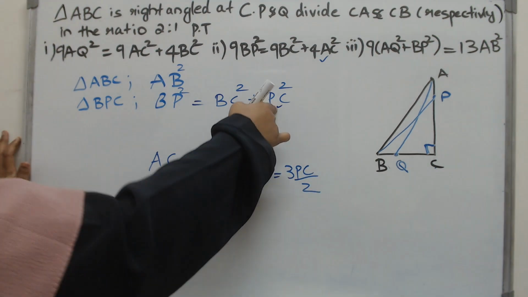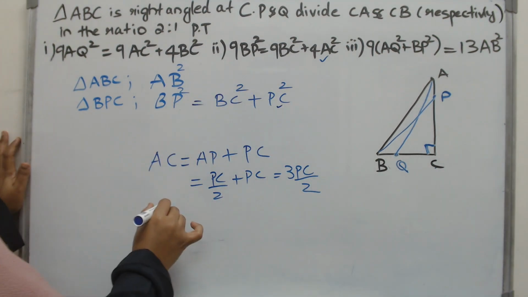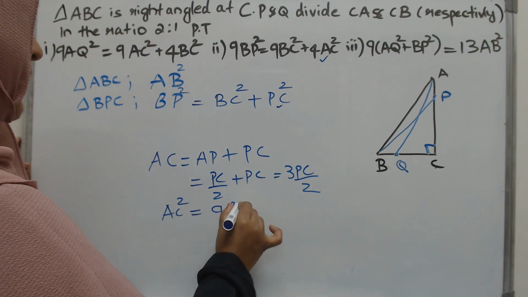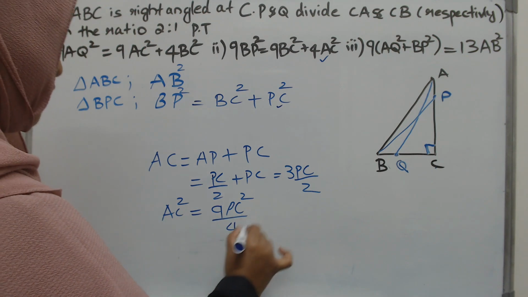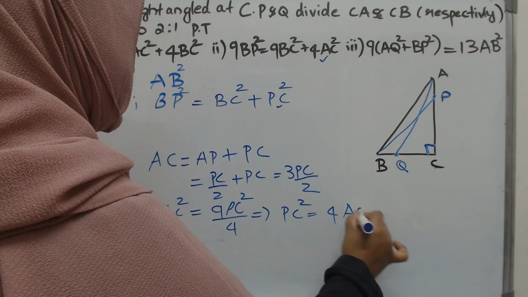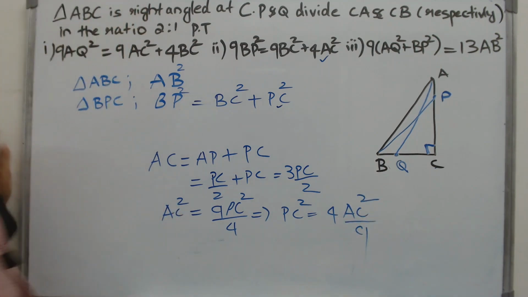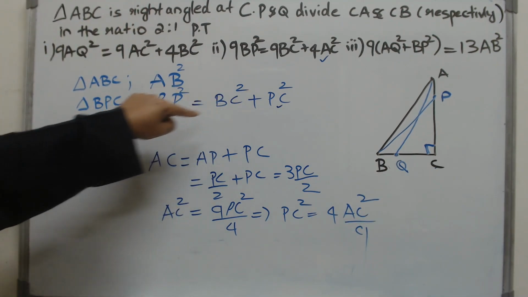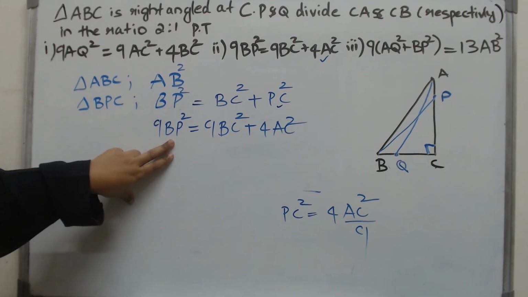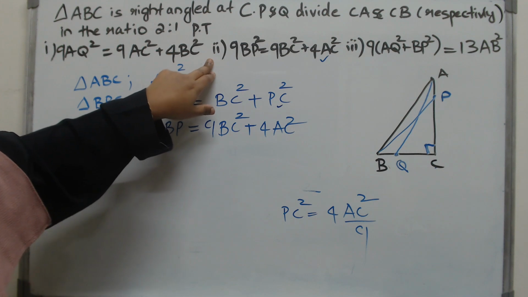But we are dealing with its square, which means AC square is equal to 9PC square by 4, which means PC square is equal to 4AC square by 9. Again, put it here, multiply throughout with 9. There, we have got the second result also.